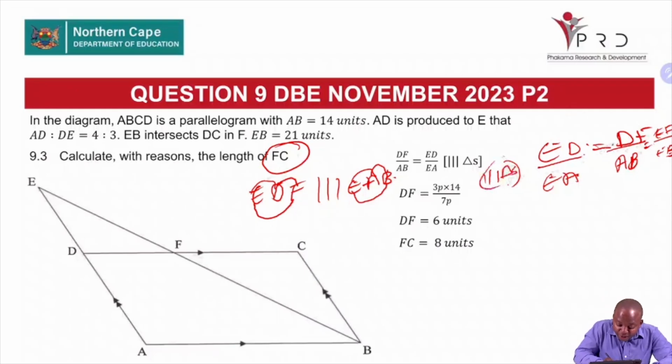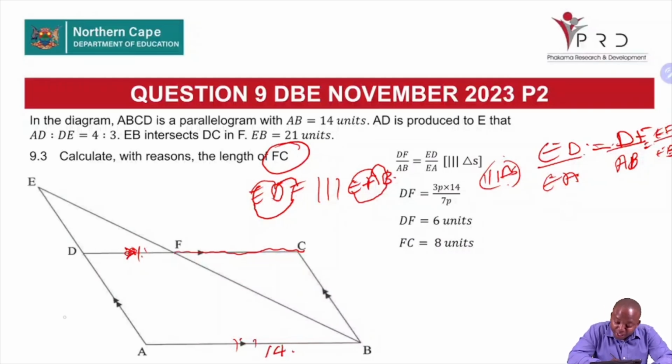Now, we are looking for FC. So for us to find FC, it is best that we find DF. We have DF in our similar triangles, and we are told that AB was 14 units. So we can find DF in that case.